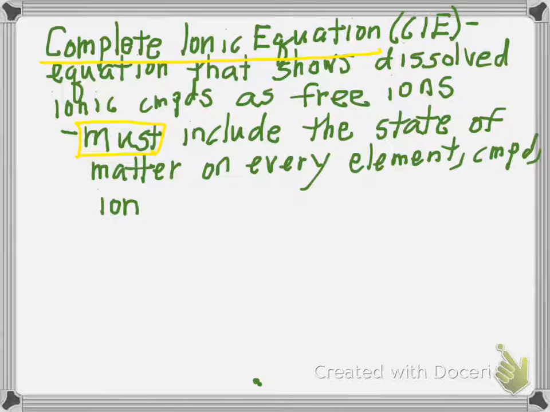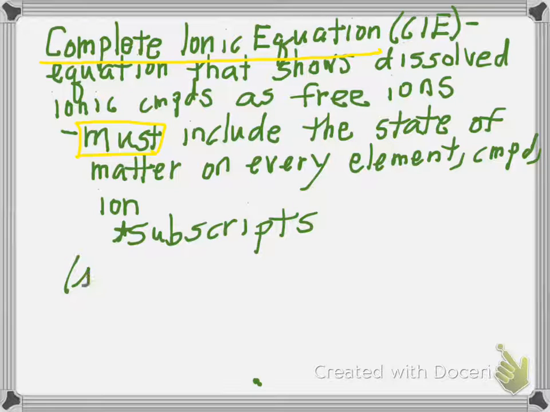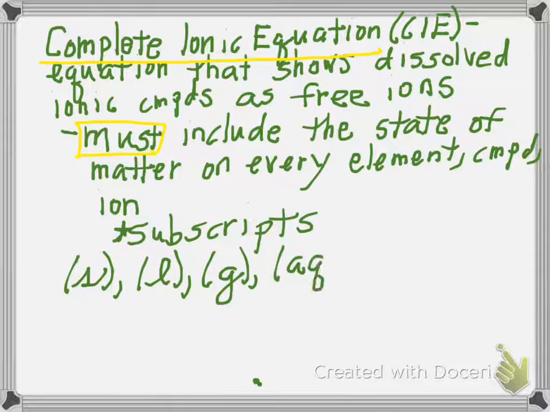So again, we show these states of matter as subscripts. For a solid, it's an S. I use a cursive S so it doesn't look like a 5. For liquid, it's an L. For gas, it's a G. And again, we're going to use aqueous quite a bit. It's an AQ.